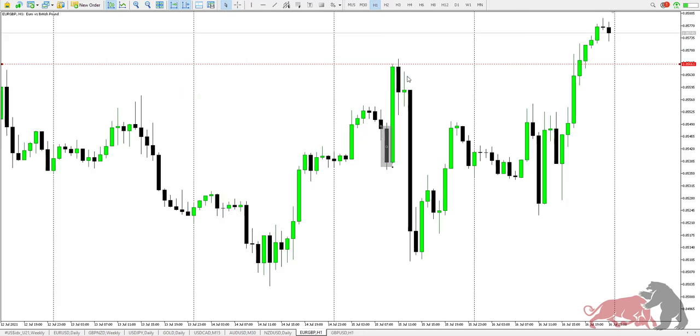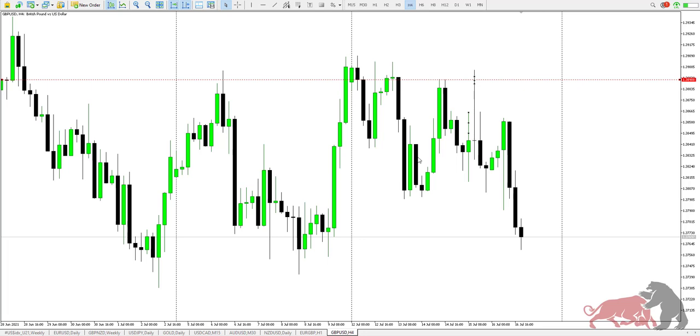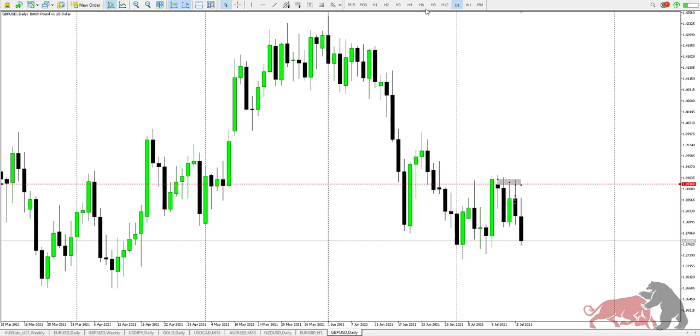Now with Euro GBP trading lower, this was a sign. Euro GBP precedes pound USD. Once I saw this move to the downside and GBPUSD trading into a premium array, you see how these things pan out. Euro GBP trading into a premium array, which is crucial.